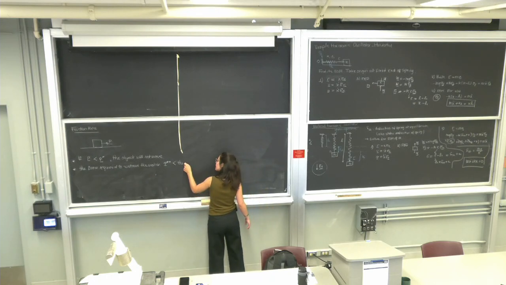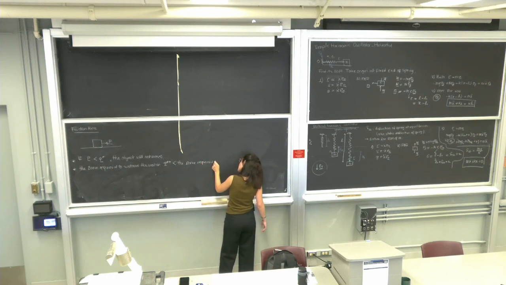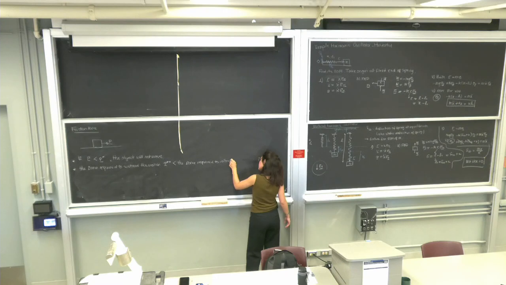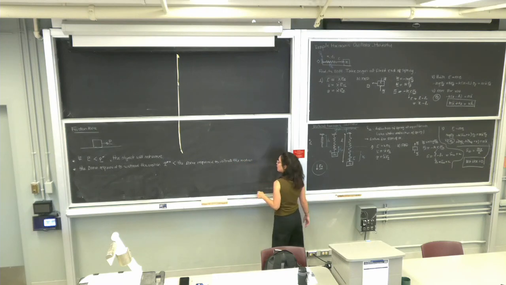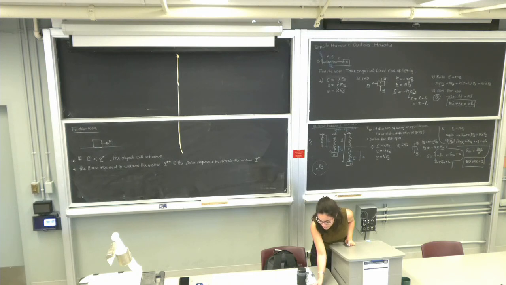It's less than the force required to initiate the motion that we already called P star. You can try an experiment. It's not moving. I want to get it to moving. I keep increasing the force.